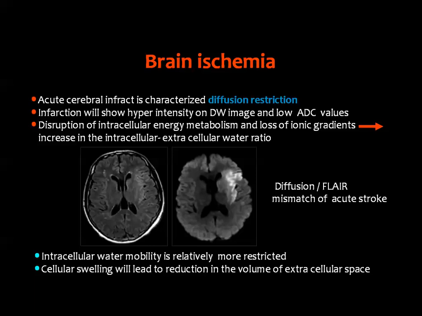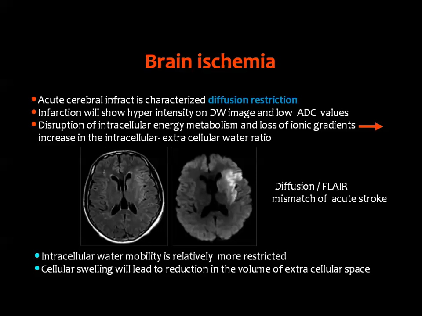And there is a gradient which leads to the diffusion of water from the extracellular space to the intracellular and the opposite. Ischemia will lead to disturbance of this mechanism and water will go inside the cell.